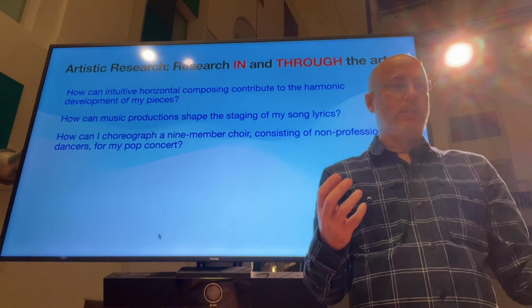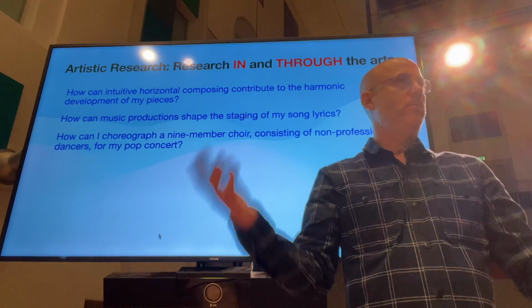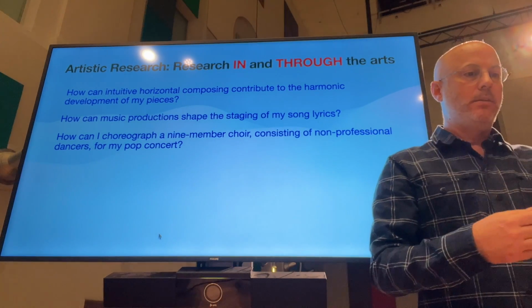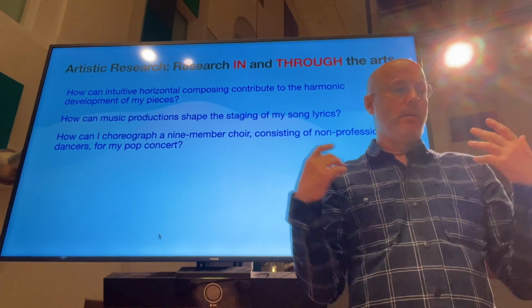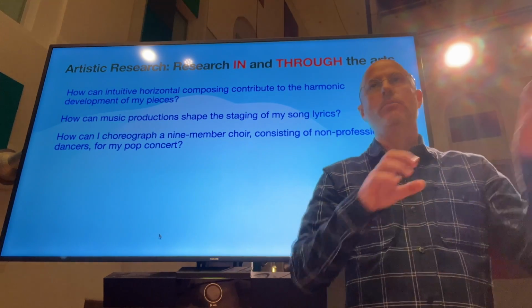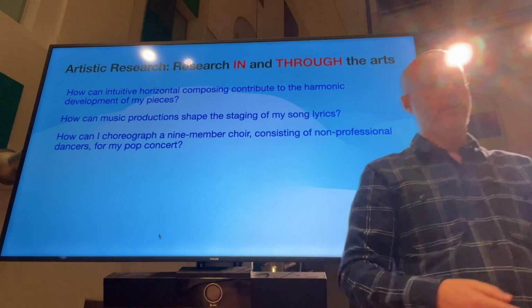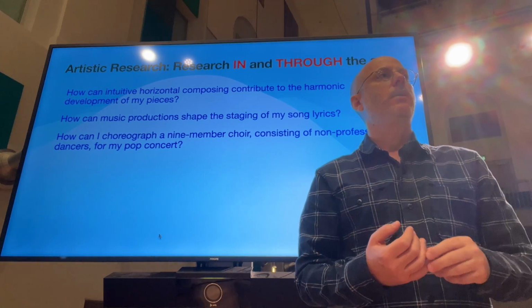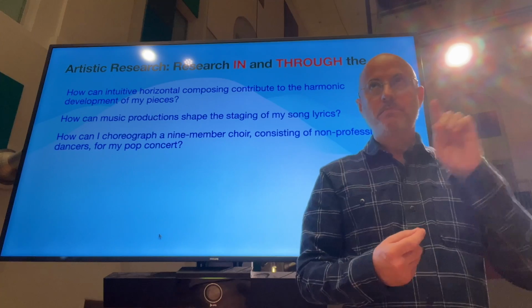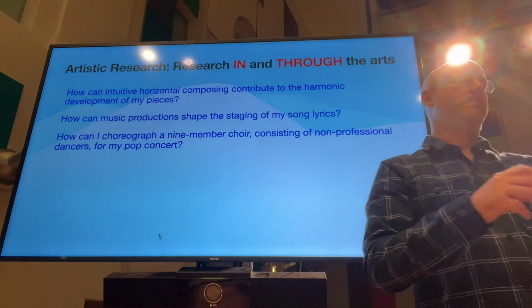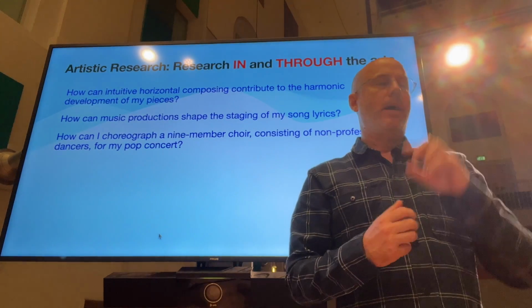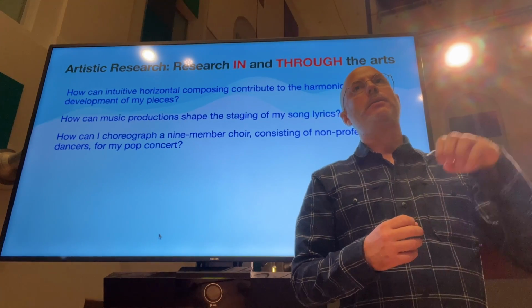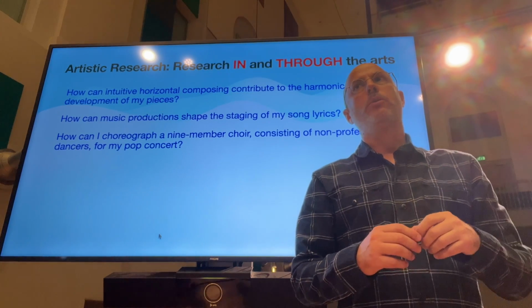Or music productions and staging of lyrics. Then you might look at Taylor Swift and whoever else, you know? How can choreography exist for a 9-member choir? You would look at other 9-member choirs, wherever they are, right? No, it's how can I choreograph? And what happens is, and this is kind of essential, is when you say, how can I choreograph, then your artistic intentions play a role.